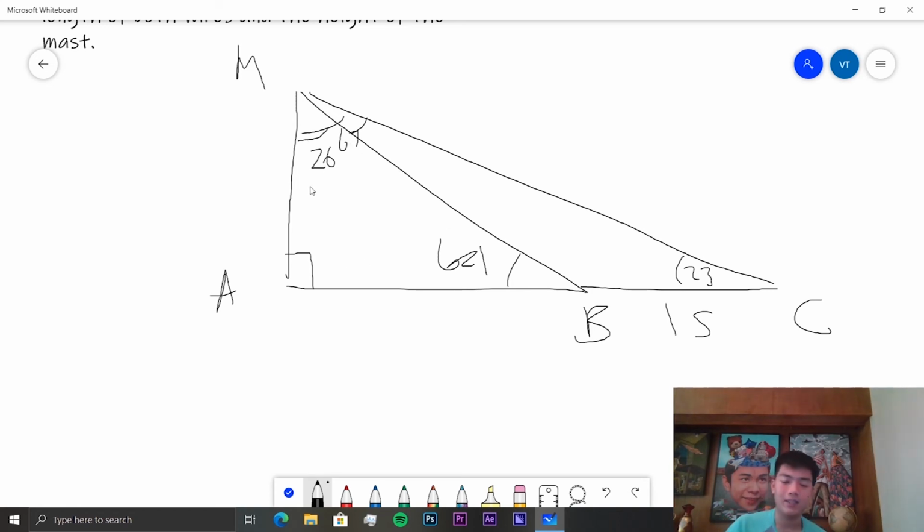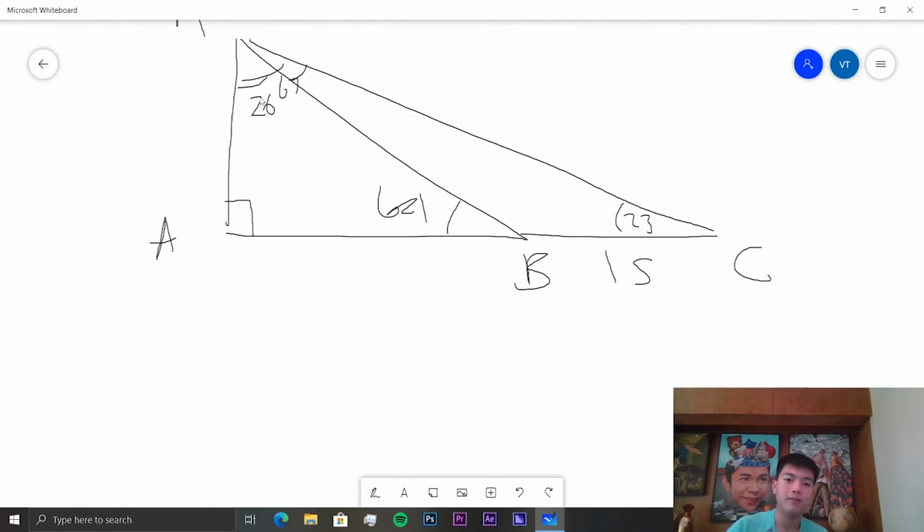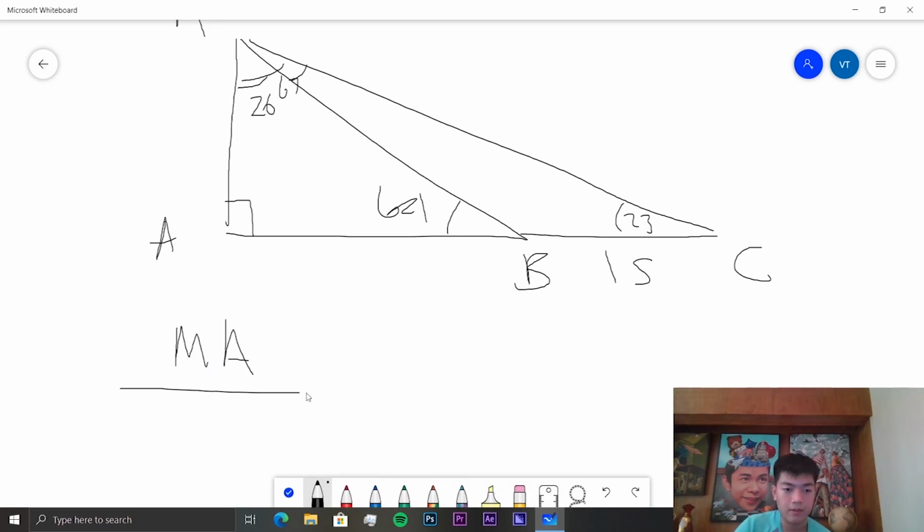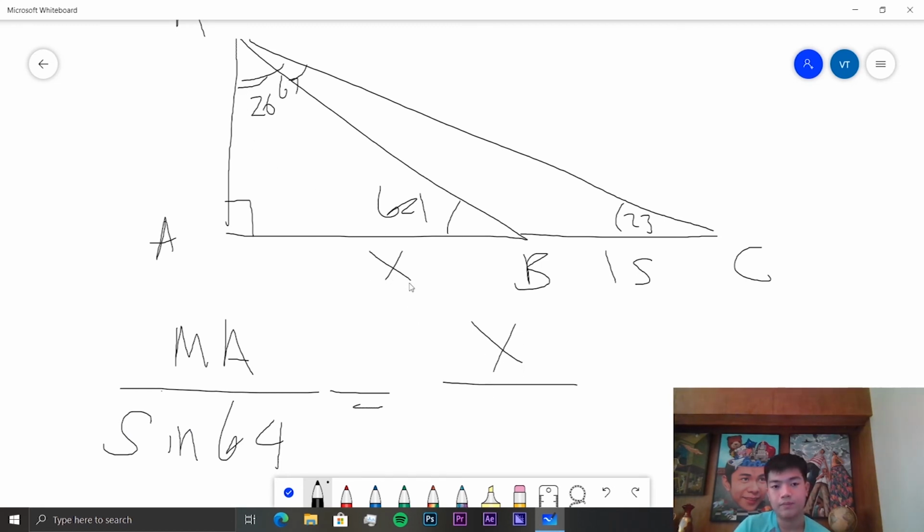So now we can calculate the difference and therefore the height. So we have this MA side, so MA over sine 64 is equal to, let's call this x, x over sine 26.